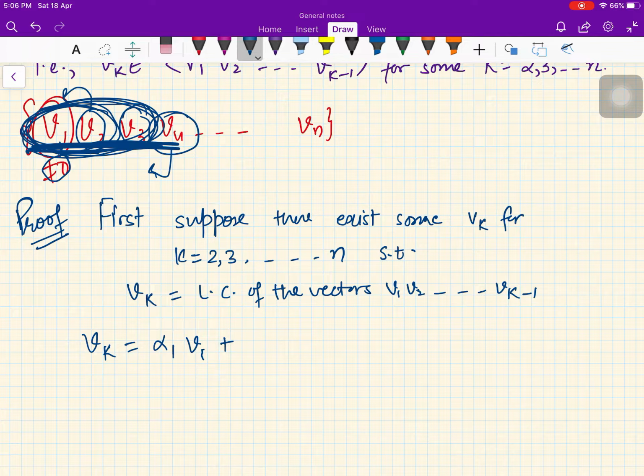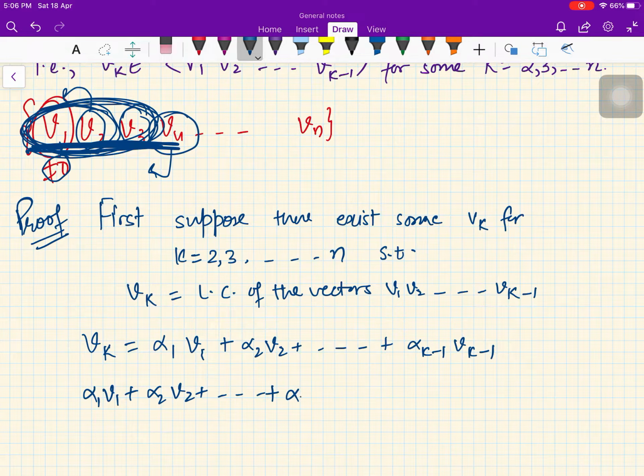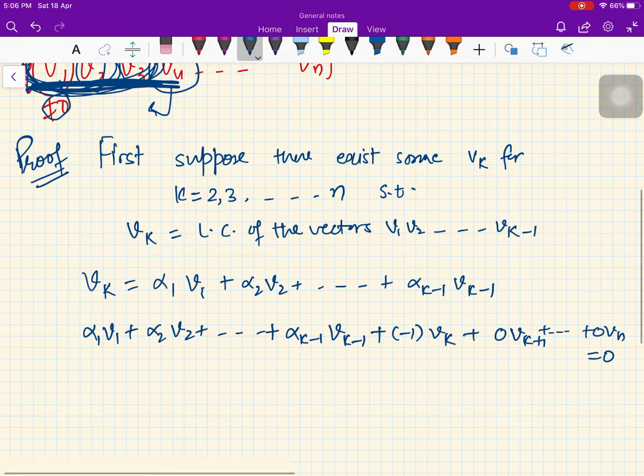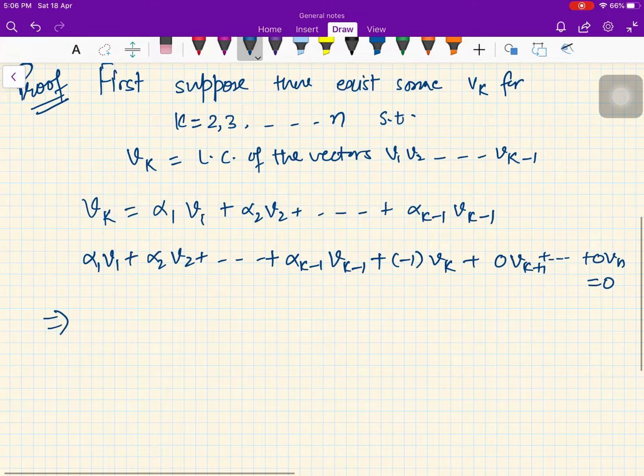So you have vk equal to alpha 1 v1 plus alpha 2 v2 plus so on up to alpha k minus 1 vk minus 1. So you have alpha 1 v1 plus alpha 2 v2 plus so on alpha k minus 1 vk minus 1 plus minus 1 into vk plus 0 into vk plus 1 plus so on 0 into vn equal to 0.